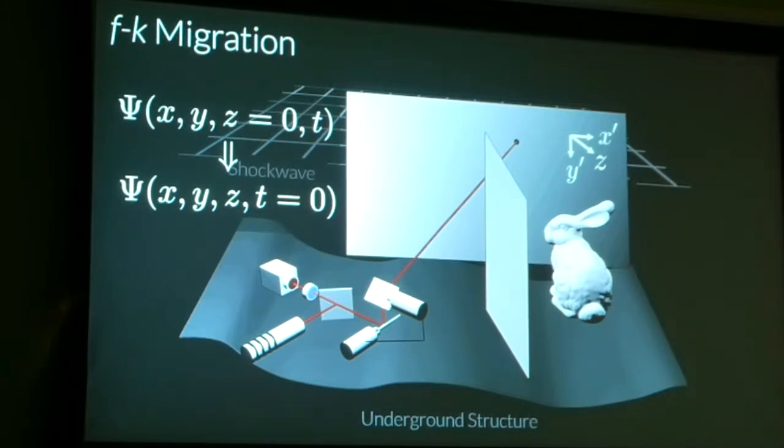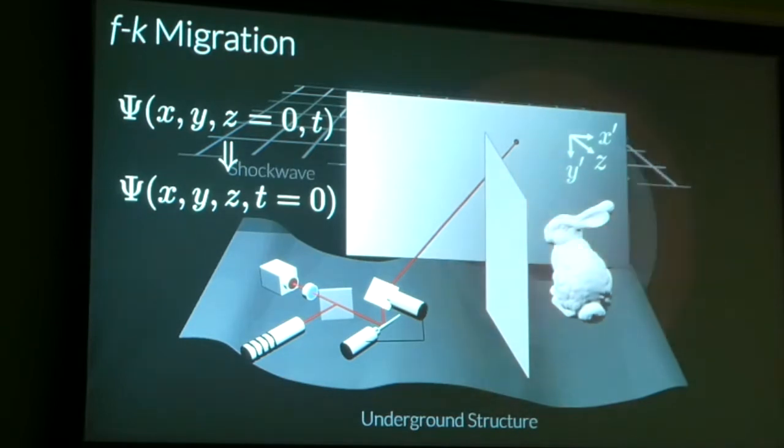It turns out we can formulate our problem equivalently as not light scattering from the wall to the hidden volume or this hidden object and back, but actually a wave that starts from the surface of the hidden object at time 0 and propagates at half the speed of light to the wall, where we capture measurements at, call it, z equals 0.